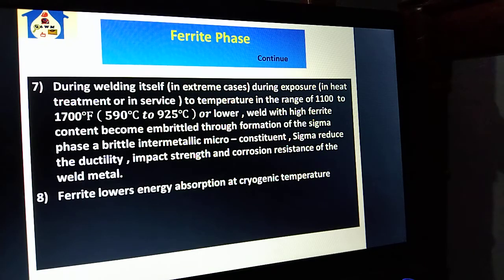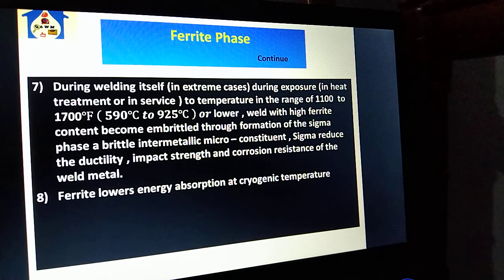During welding itself, shrinkage, or during exposure in heat treatment or in service to temperatures in the range of 1100 to 1700 degrees Fahrenheit, 590 to 925 degrees centigrade, welds with high ferrite content become embrittled through formation of sigma phase, a brittle intermetallic microconstituent.